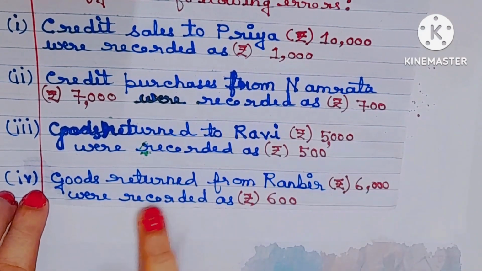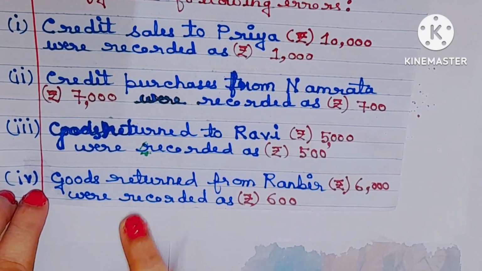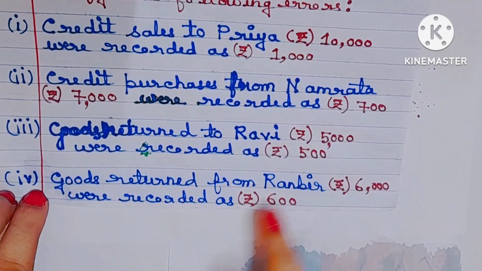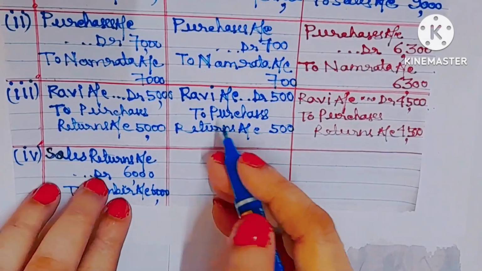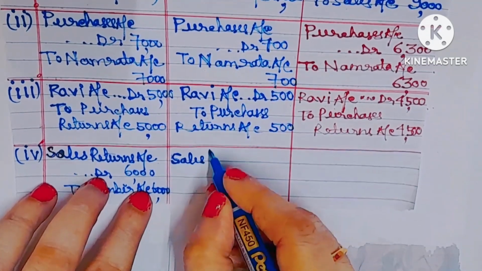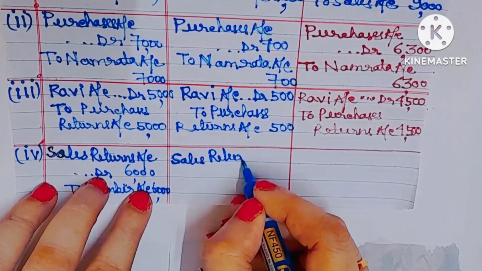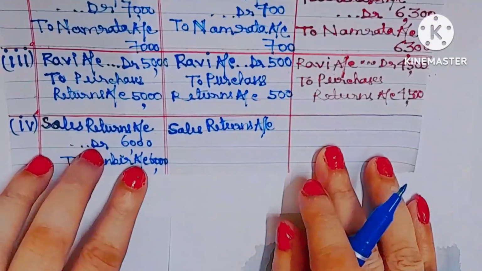What is the wrong part? Were recorded as rupees 600. So the wrong entry will be sales returns account debit 600 to Ranbir account 600. Okay? So let's write. The wrong entry, sales returns account debit.